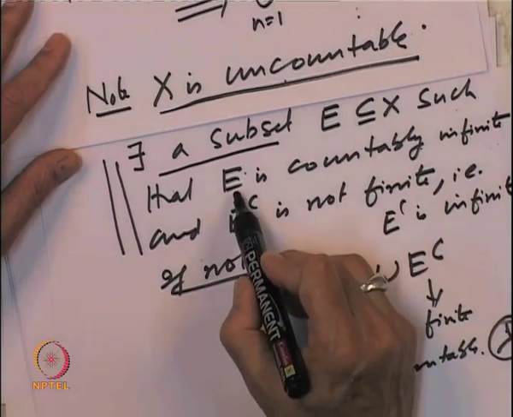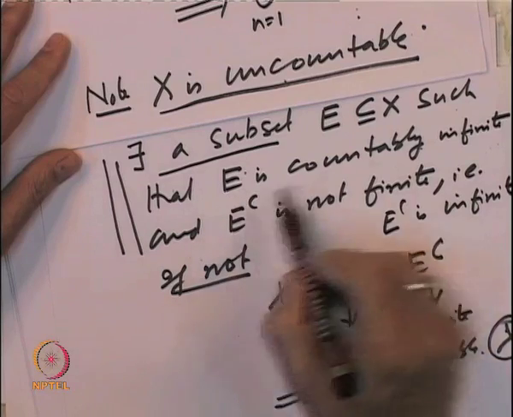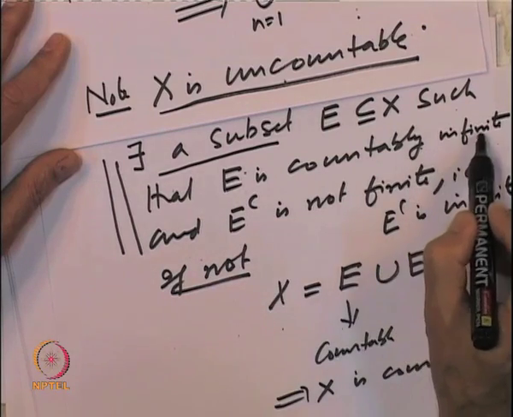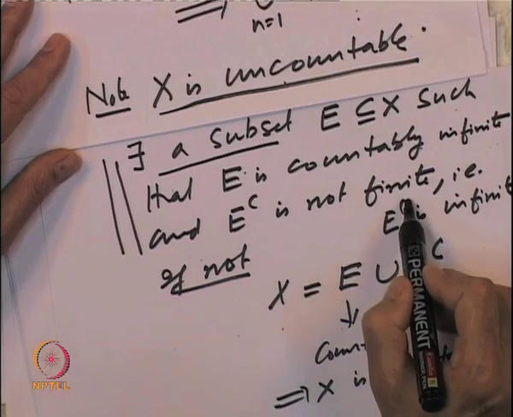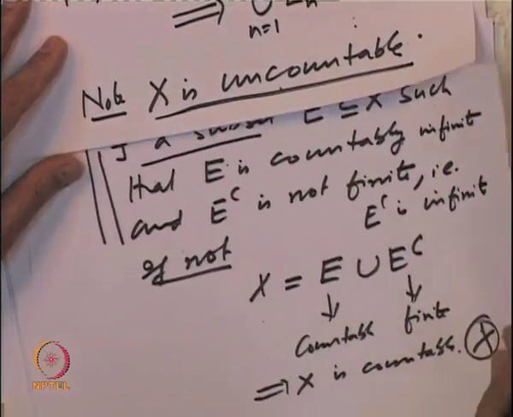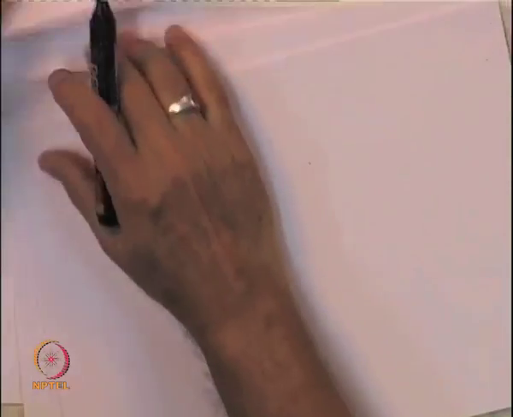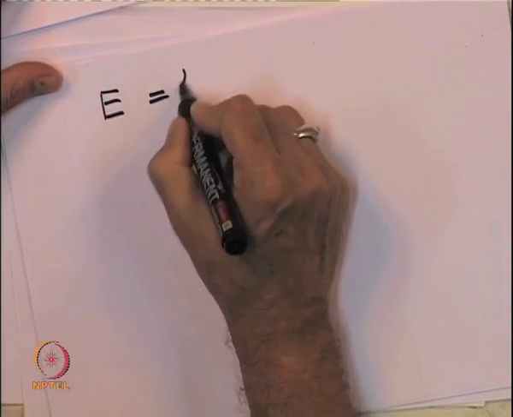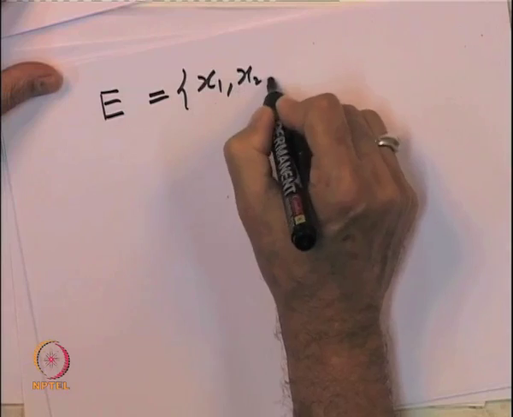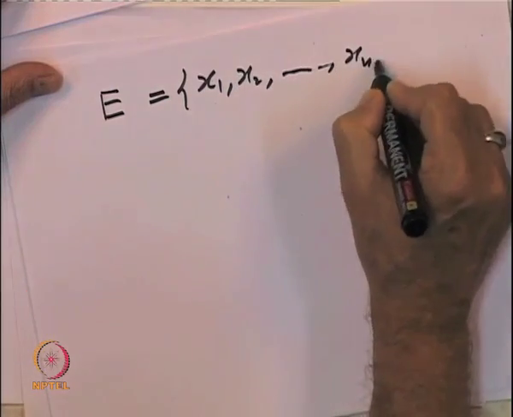So, we have a set E which is countably infinite and its complement is not finite. So, since E is countably infinite, I can write E equal to x 1, x 2, x n and so on.